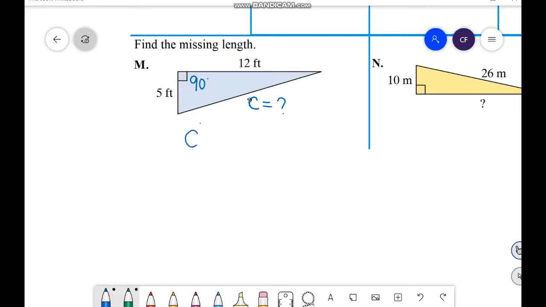The formula is c squared equals a squared plus b squared. And we know the legs. One leg is 5, another leg is 12.